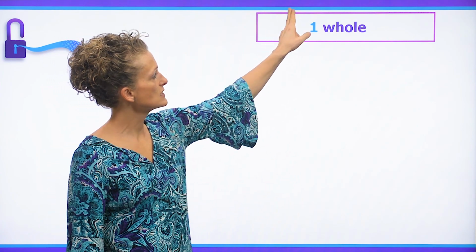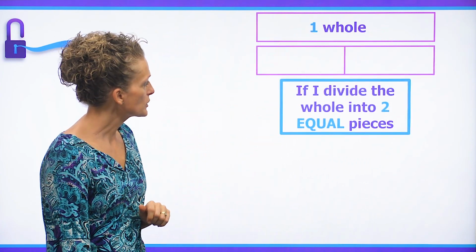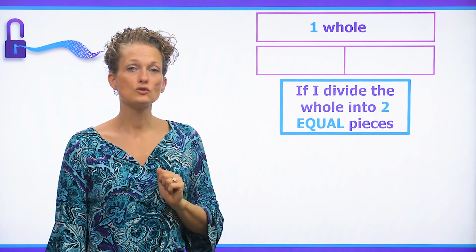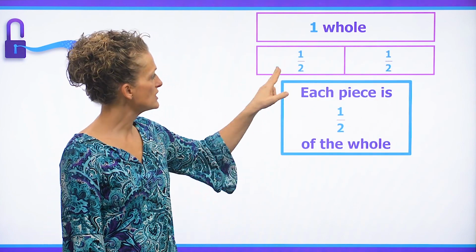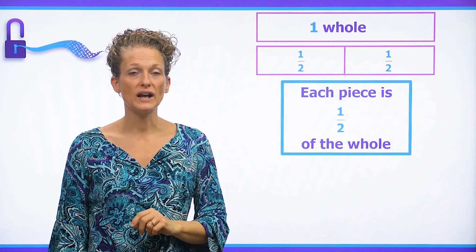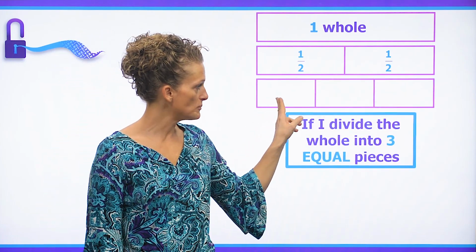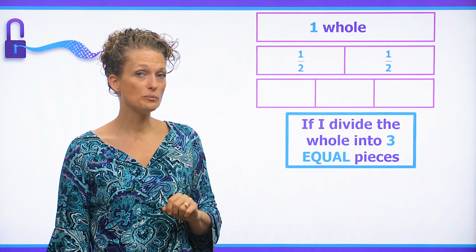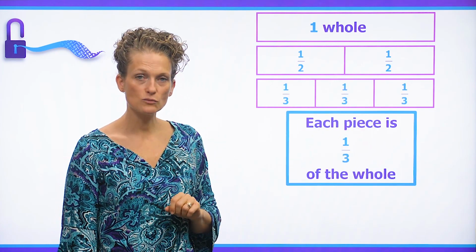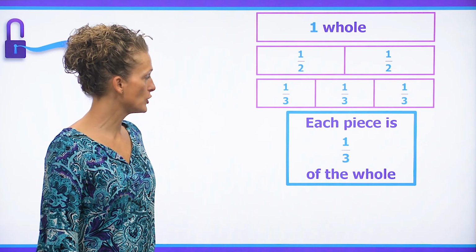So if we take this strip, and this represents 1 whole. So we're going to take that whole and we're going to divide it into 2 equal pieces. Well, each piece represents 1/2 of the whole. If we take the strip and divide it into 3 equal pieces, each piece represents 1/3 of the whole.